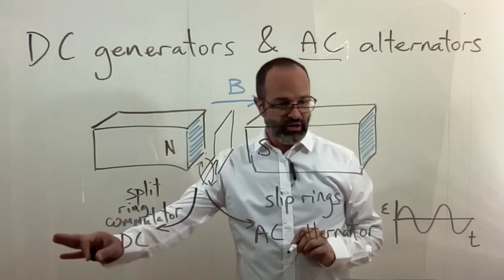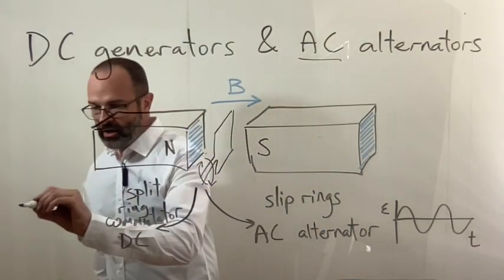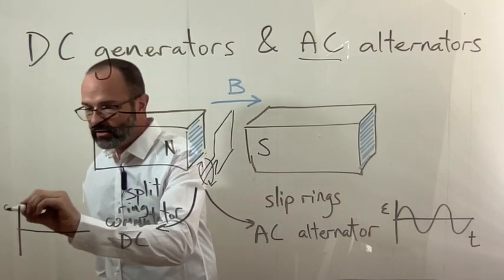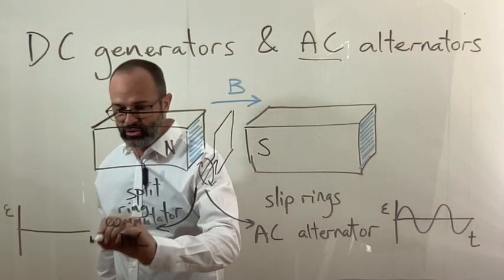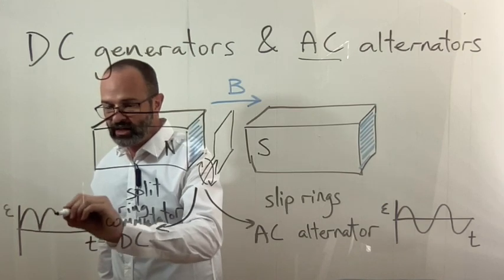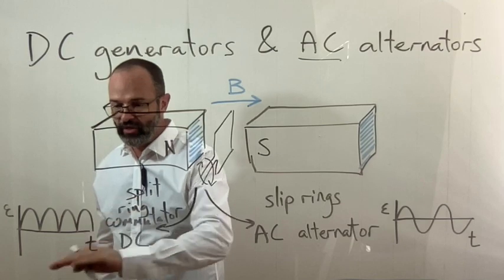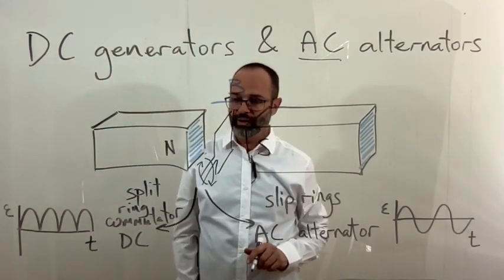But on this side, the output is going to still be curved. I've forgotten how to do an E for a moment there. It's still going to be curved, but all of the curves are going to be rectified so that they're upwards. Okay, so you only get voltage in one direction.